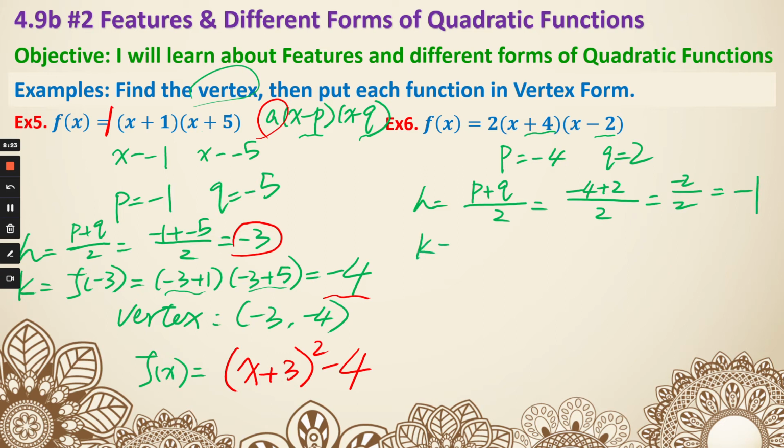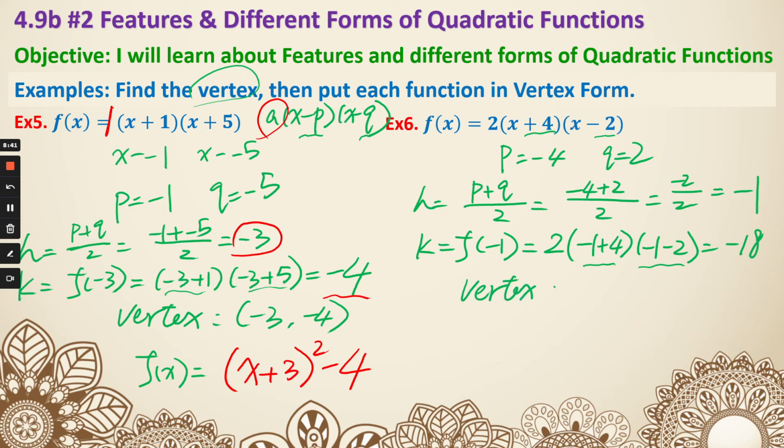My k is plugging in the -1. So f of -1, that's 2 times -1 plus 4, and -1 minus 2. This is 3, that's -3, so it's 2 times 3 times -3, which is -18. That means my vertex is going to be -1, -18.